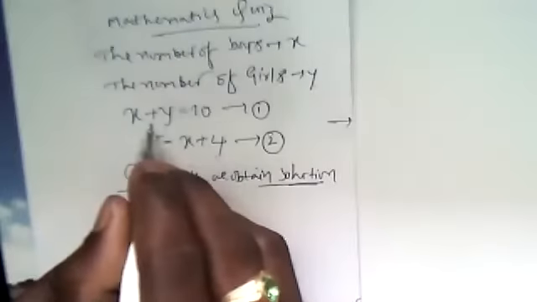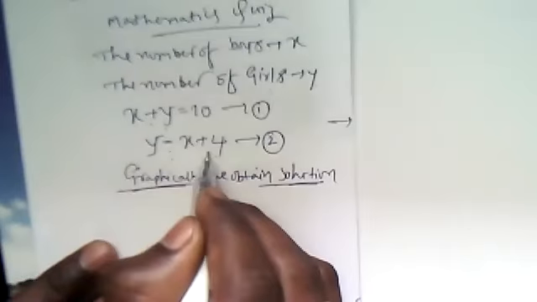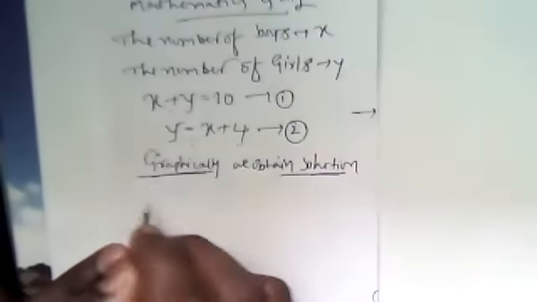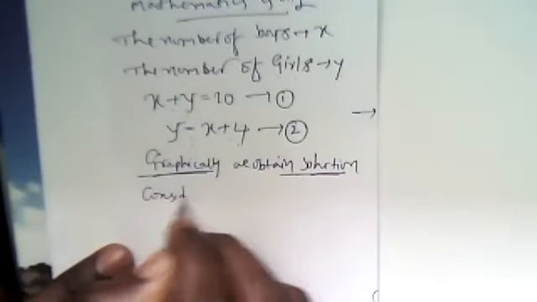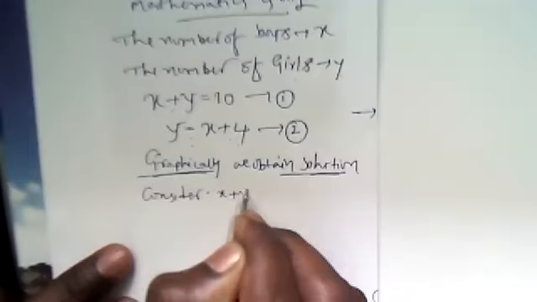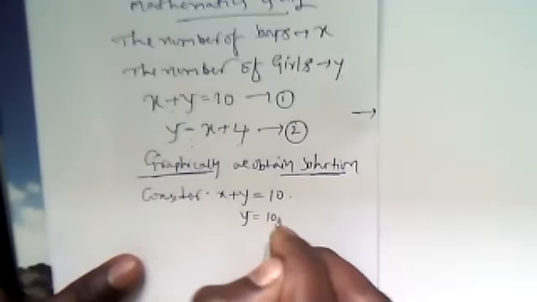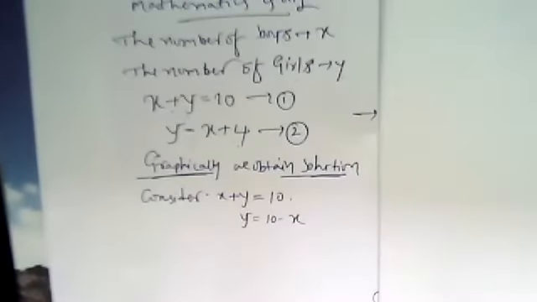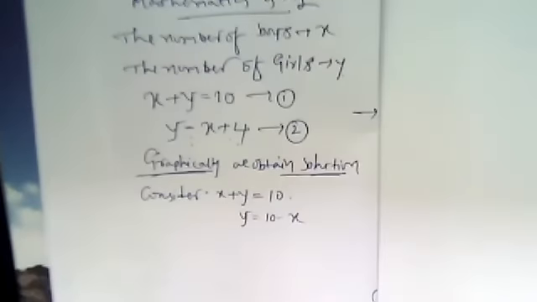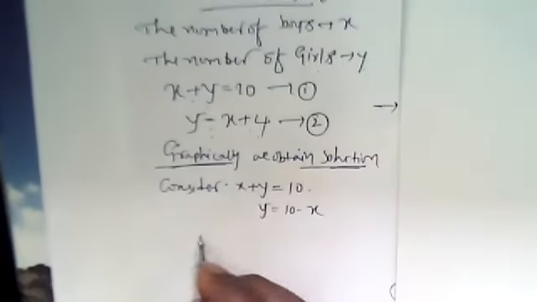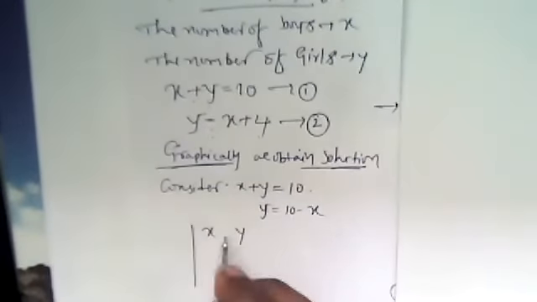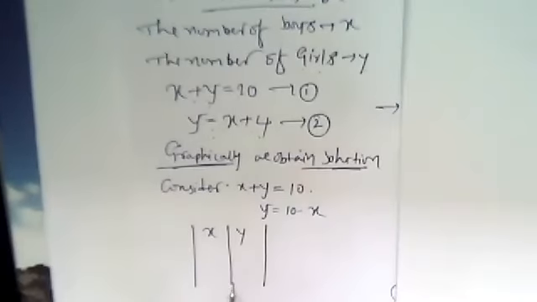Now we should construct a table for this equation and for this equation. Consider x plus y is equal to 10. Therefore, y is equal to 10 minus x. Okay, y is equal to 10 minus x, and you can construct the table. Take 2 values, that is enough.